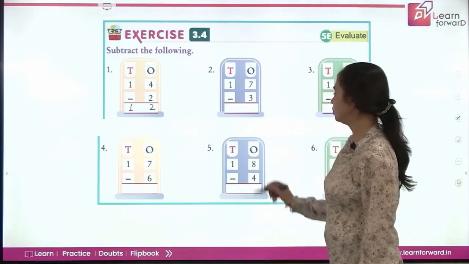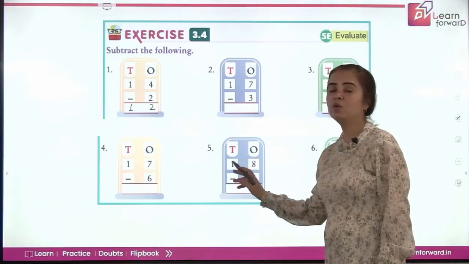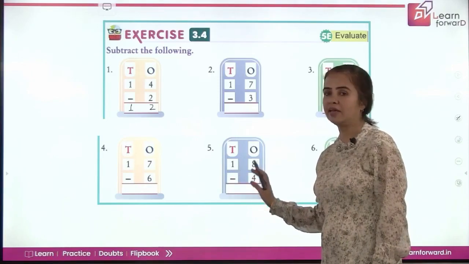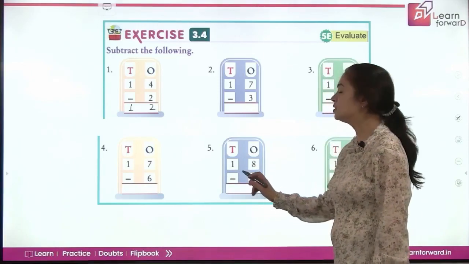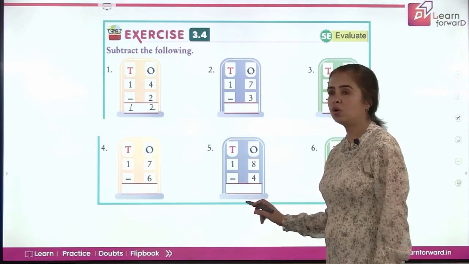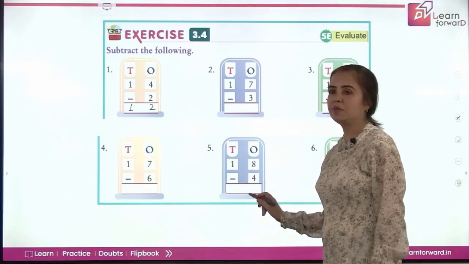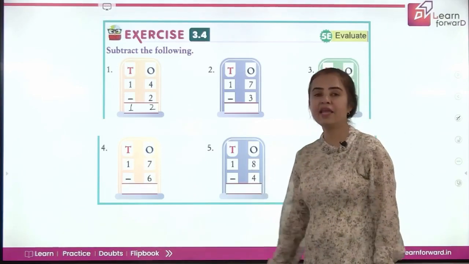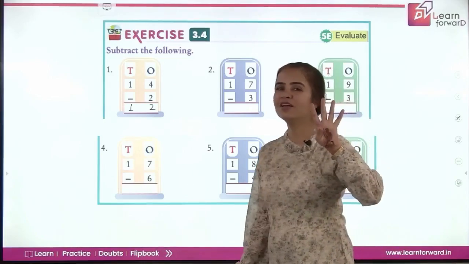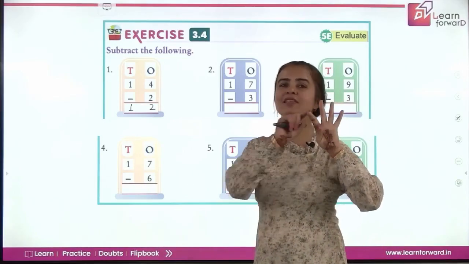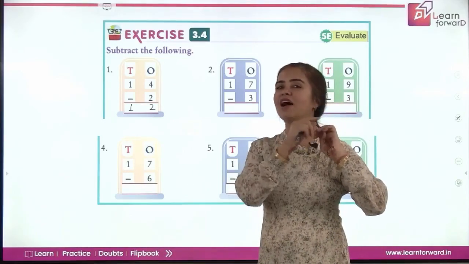Let's do one more. 18. 1 ten and 8 ones are written properly at their places. Minus 4. So, 4 will come at the ones place. Let's start from here. 8 minus 4, fingers out. Let's go backwards. 7, 6, 5, 4.